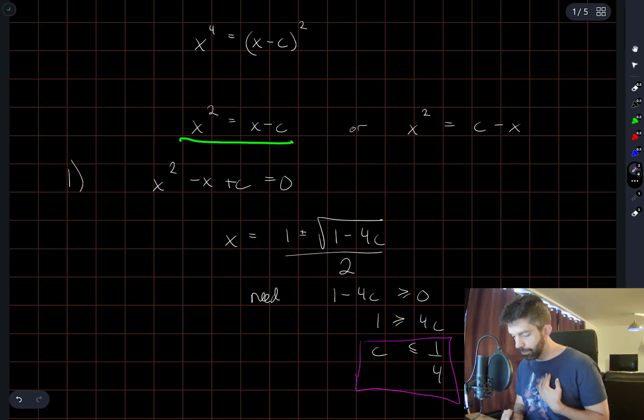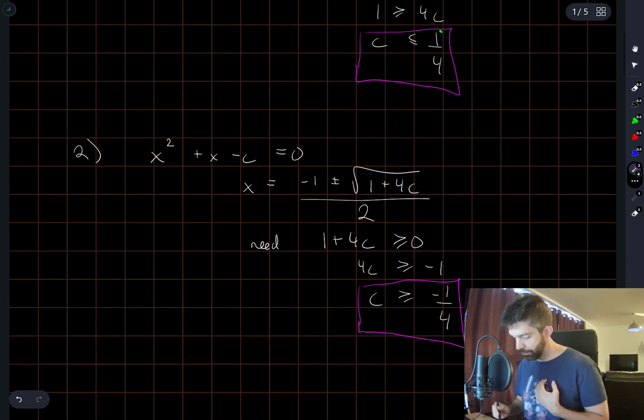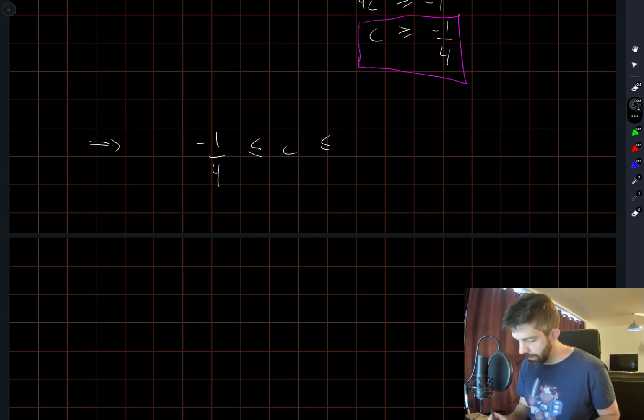But for this to have 2 roots, I've derived a condition on c, and for that to have 2 roots, I've derived a condition on c, and I need both of these conditions to be true simultaneously. So this means the answer is B, that the constant c is between negative 1 over 4 and positive 1 over 4.